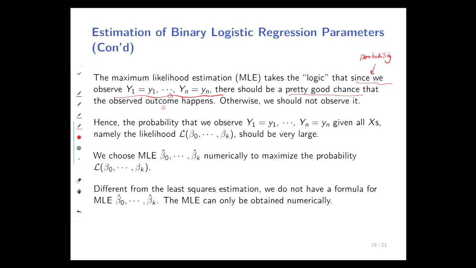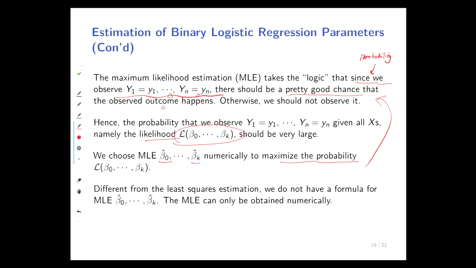So because we observe it, we consider this probability, the likelihood. We consider that the parameter estimates, beta 0 to beta k, should maximize this probability, so that there is a good chance this observation will happen.